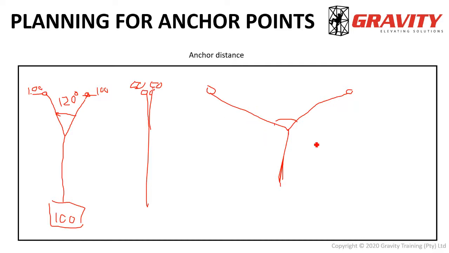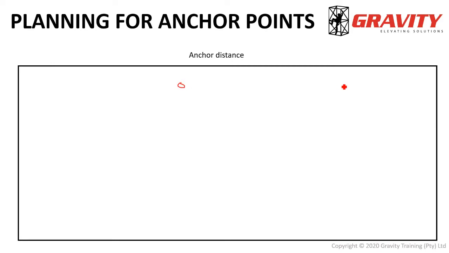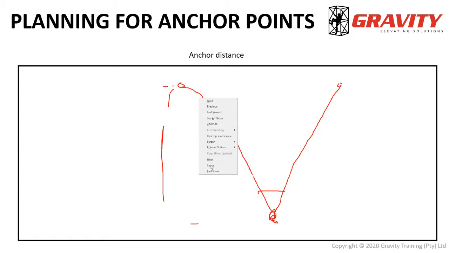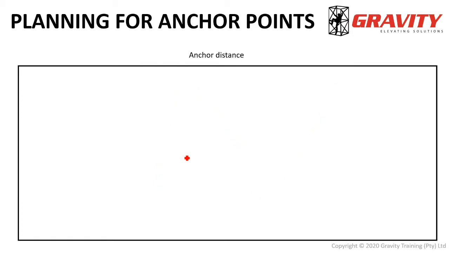For example, first one is you make these legs or whatever system you're using longer. Okay, so that will mean that you have your anchor points there, and then all the way down here, you'll have your figure 8 or your Y-hang, whatever it may be. So that angle then becomes significantly smaller. However, this distance now becomes quite big, which may cause some problems depending on your site and your work area, your size of the roof, whatever it may be.